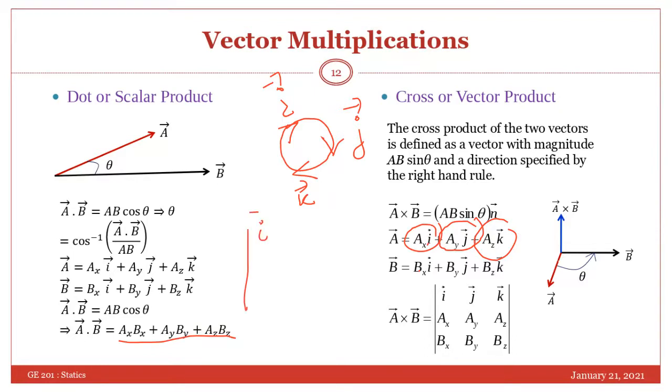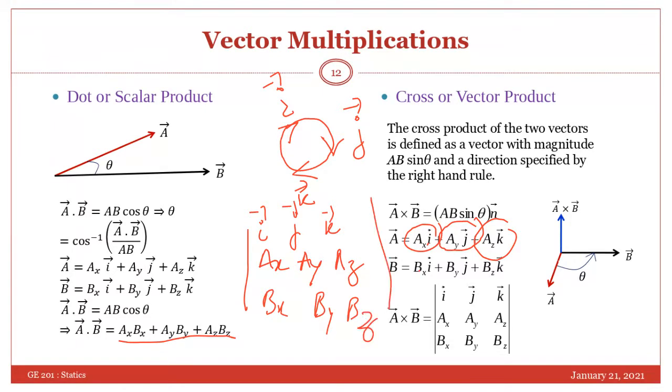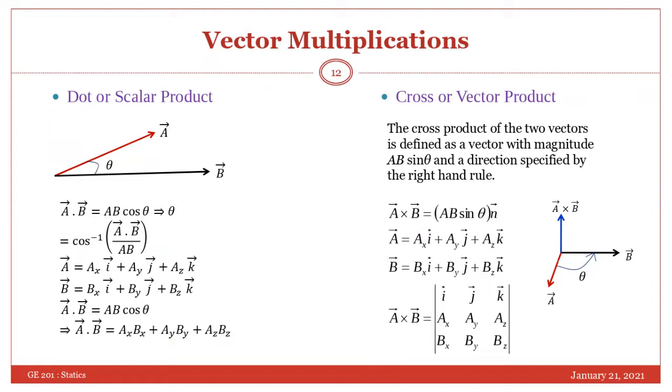I, J, K, AX, AY, AZ, BX, BY, BZ. If you open this determinant, you will get the answer of vector A cross vector B. I trust all of you know how to open a determinant. Am I right?